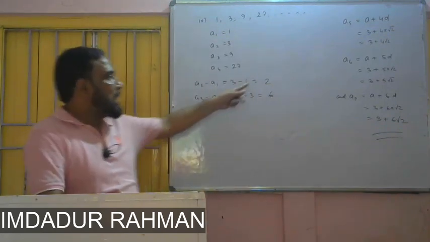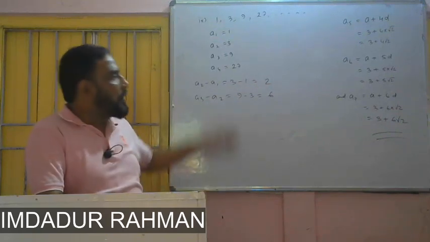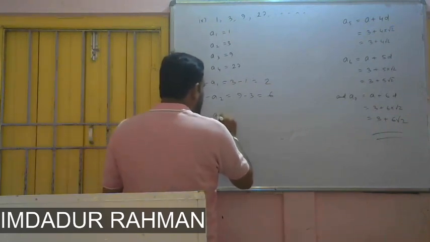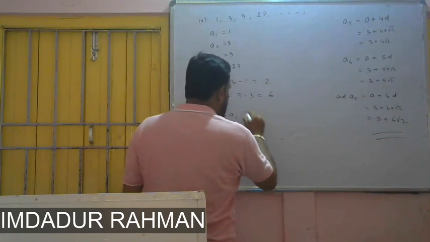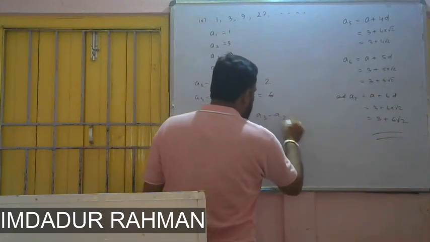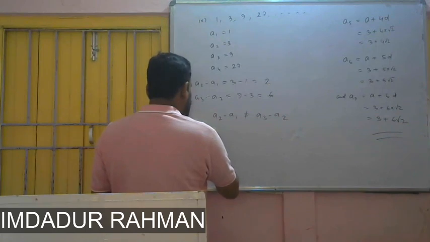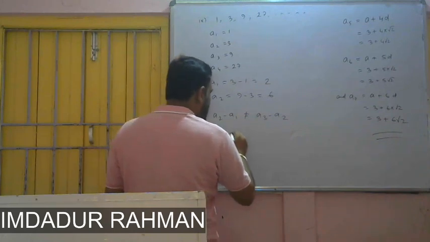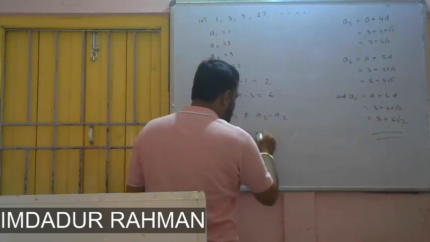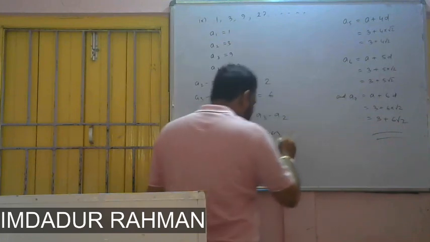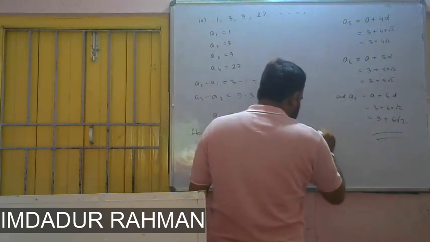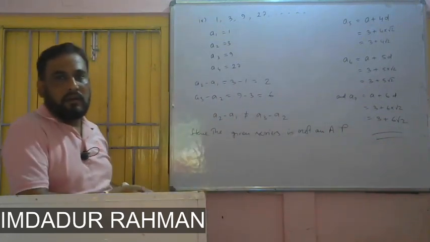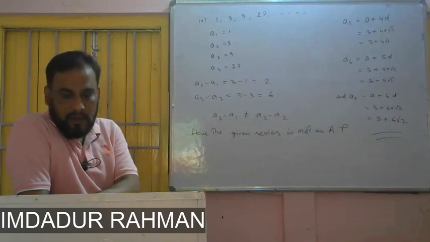You see, the two differences are not same, so no need to proceed for the next. We will conclude here, since A2 minus A1 is not equal to A3 minus A2, therefore the given series is not an AP. So then no need to proceed for the next, that is to find out the rest three terms. Okay.